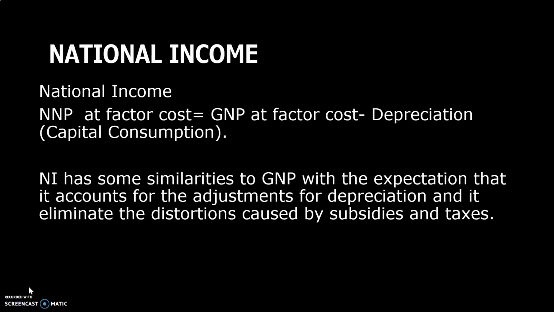So remember, national income or NNP at factor cost is equal to GNP at factor cost minus depreciation, otherwise referred to as capital consumption. And the national income has some similarities to GNP with the exception that it accounts for the adjustments for depreciation and it eliminates the distortion caused by subsidies and taxes.